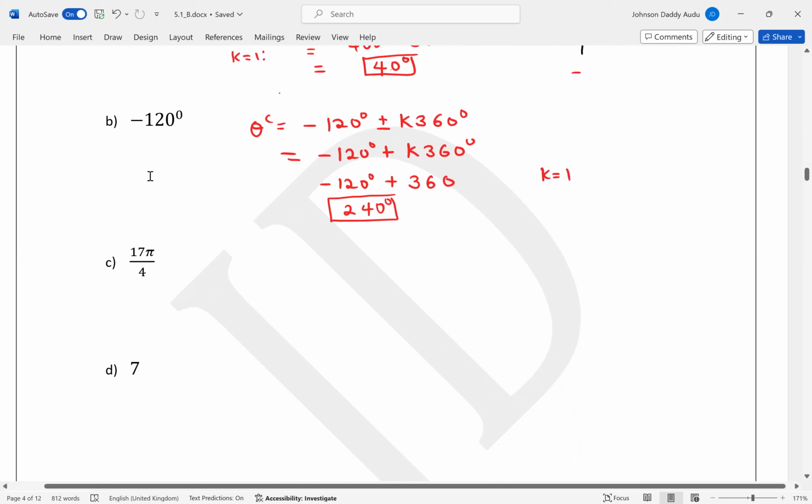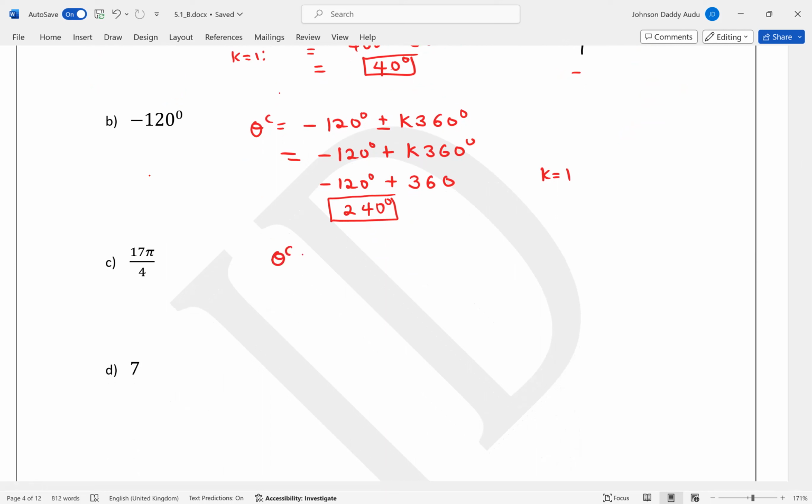All right. For C, C is 17 pi by 4. We have to find the coterminal of 17 pi by 4. We check plus or minus, but here we have to use k times 2 pi.